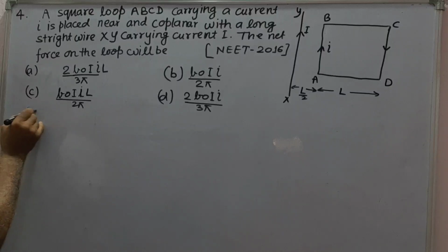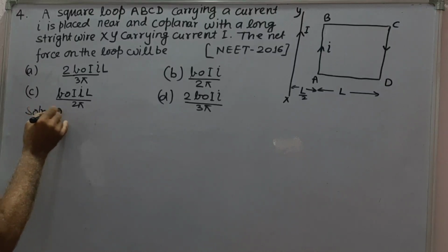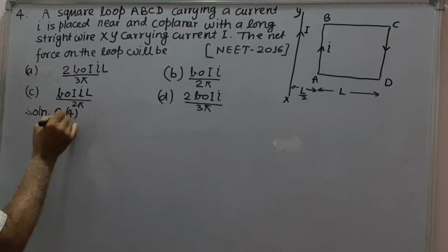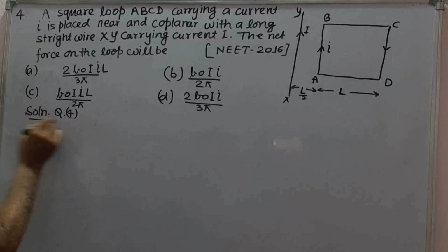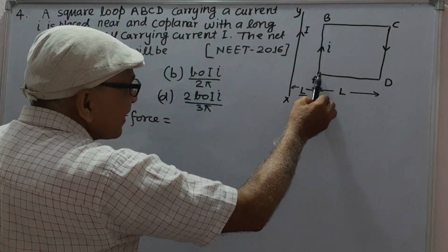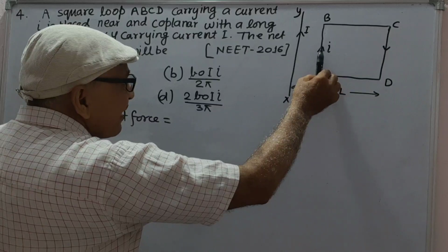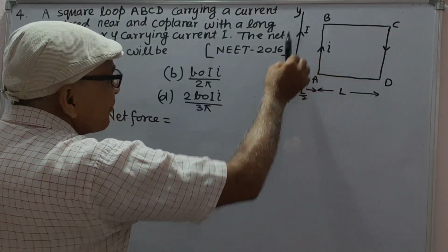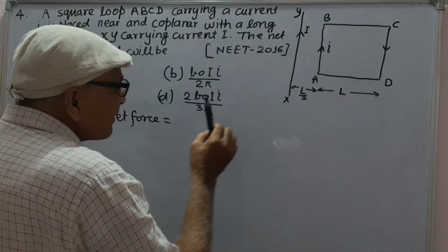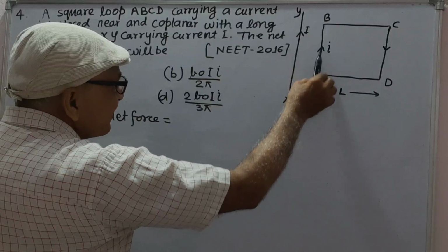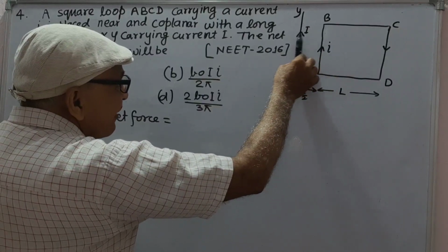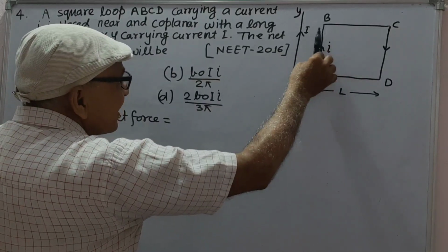Solution to question 4. Because the current small I in side AB and the current I in the wire are parallel, the force between the wire and this side will be attractive.